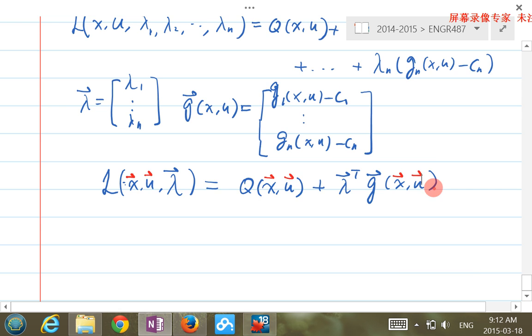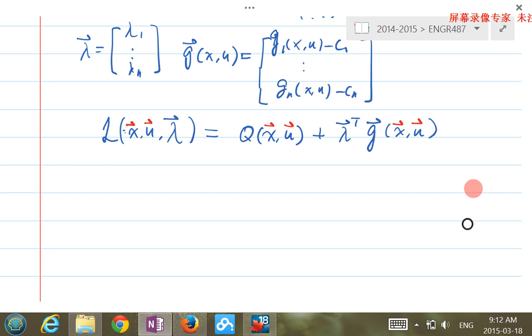However, I just want to do a quick, very simple review here. When this becomes a vector instead of just a scalar, the calculus, or the derivative, will be slightly different now.